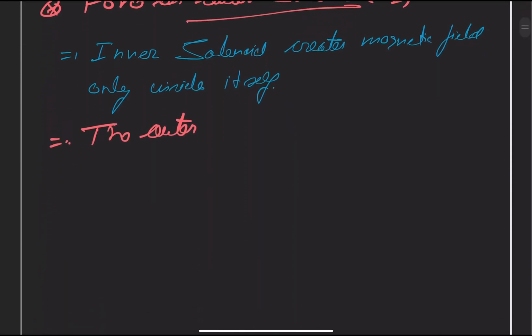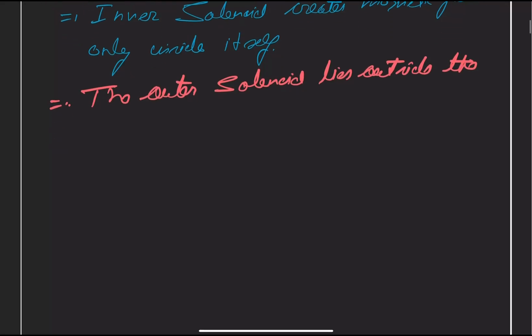So you can see the outer solenoid lies outside the inner one. Therefore, the magnetic field due to the inner will be equal to 0.